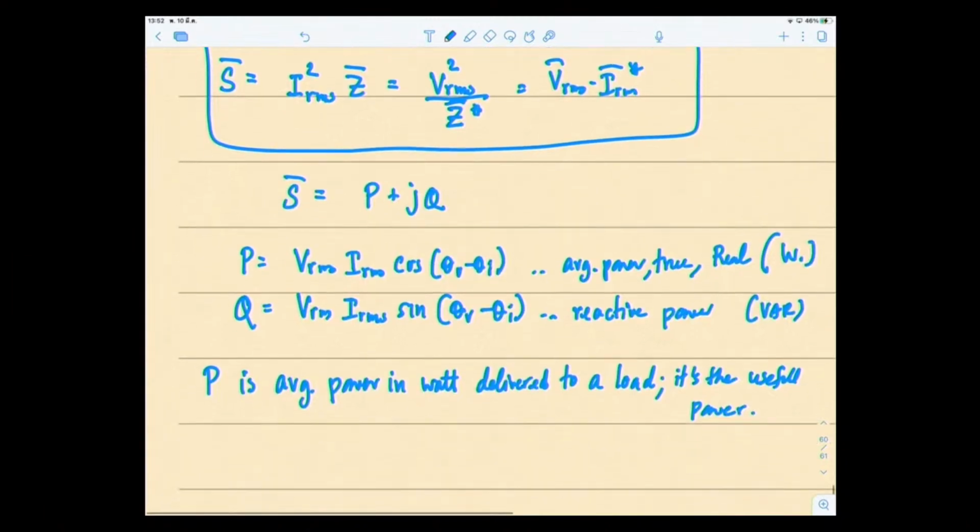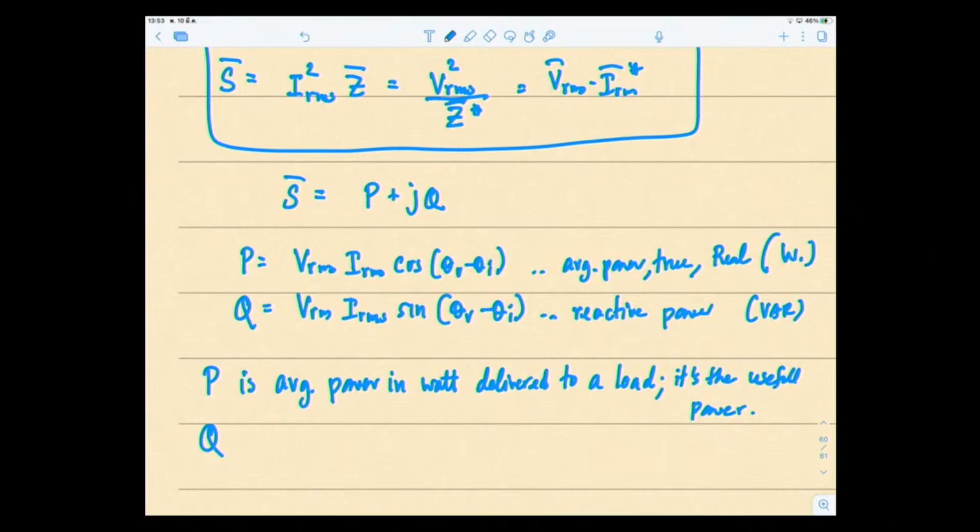Whereas Q, well, P the average power is pretty much consumed by resistors, whereas the reactive power deals with the power in our capacitor or inductor.